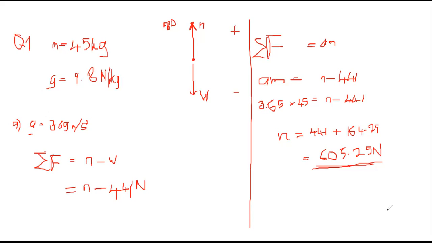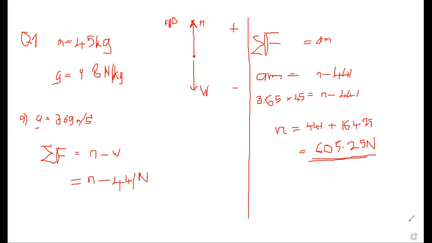Then what happens if the elevator is accelerating downwards with this same value of acceleration? Let me just move on to the next board. I hope I'll finish this in the next 5 minutes. So using the same free body diagram, at this point this is N, the normal force.